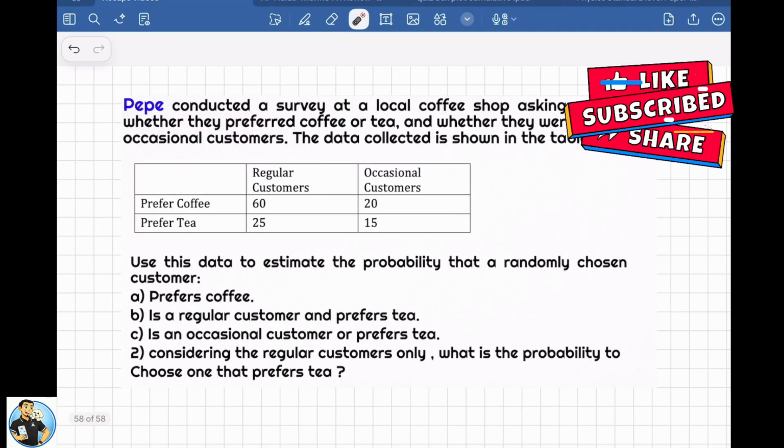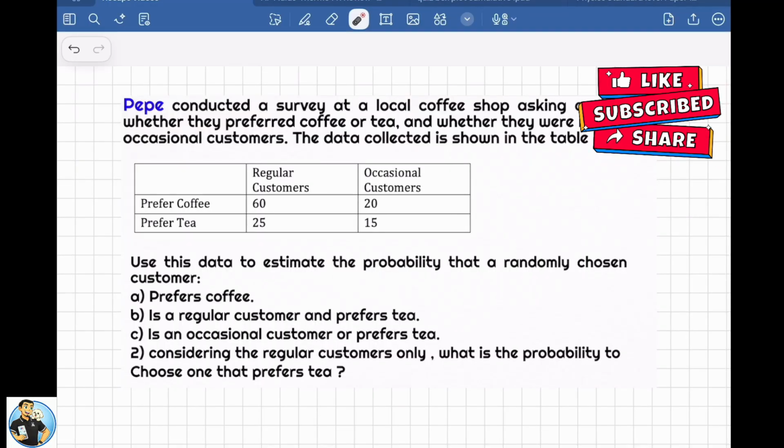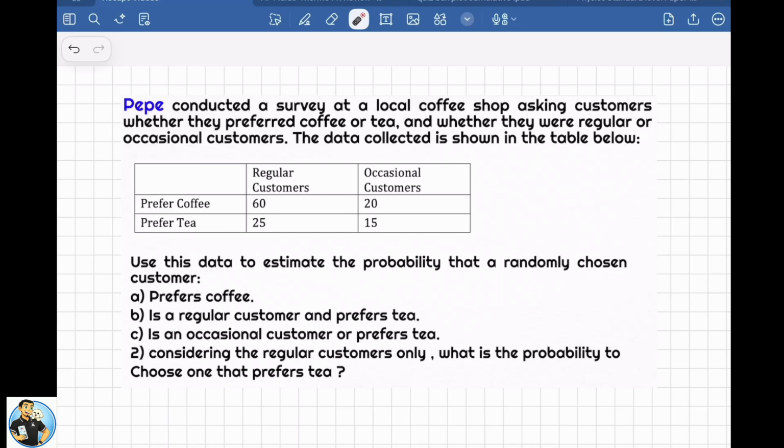So this is an example. I want to show you how we can use a table like this to find probabilities, and there are two kinds of exercises. This is the very basic exercise, and in the second one we are going to use the expected value. In this example we have a two-way table.